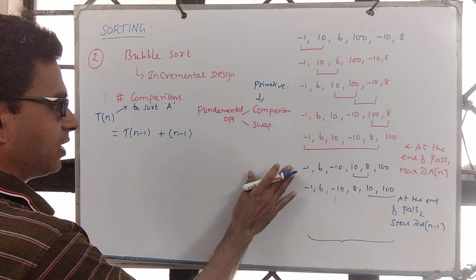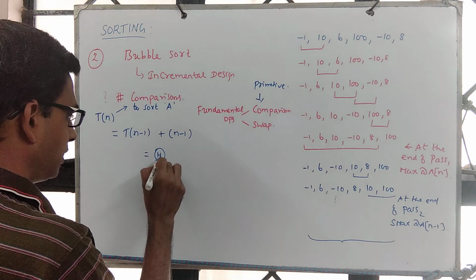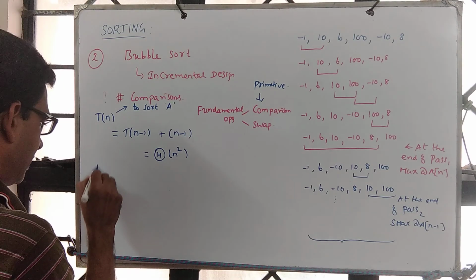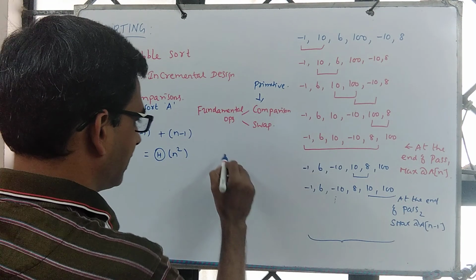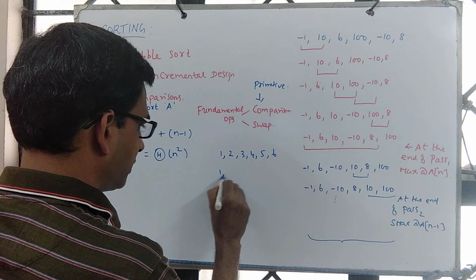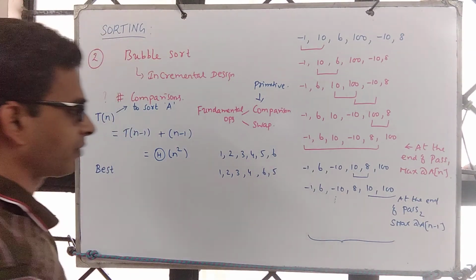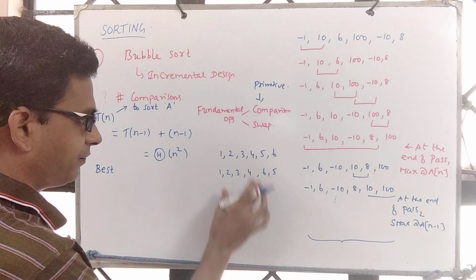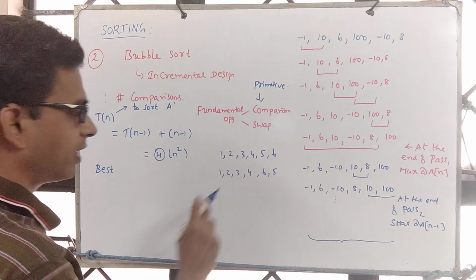And we see that this is the same as selection sort, so the time complexity is theta of n square. Very similar to selection sort, over here also if you look at the best case, where it is already sorted or almost sorted, something like this, we still compare and swap if necessary.